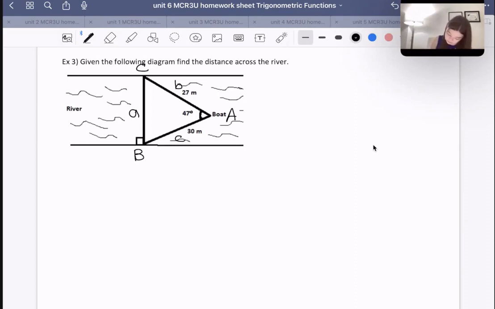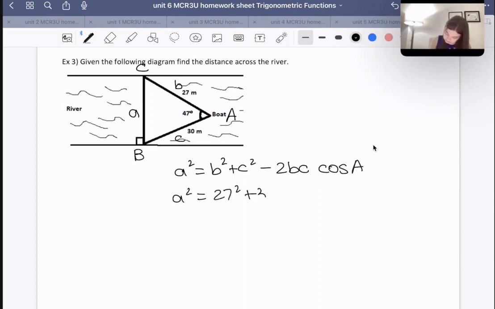So we know that A squared is equal to B squared plus C squared minus 2BC times cosine of angle A. So therefore, A squared is equal to 27 squared plus 30 squared minus 2 times 27 times 30 times cosine of 47 degrees.